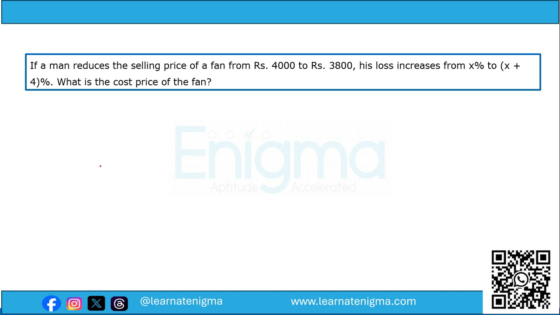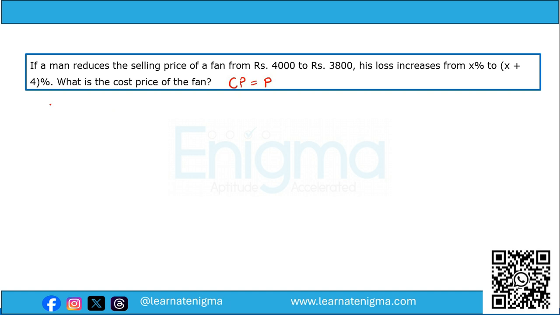Now, the formula for loss percentage is loss upon CP into 100. Now, let's assume the cost price to be P. Now, loss is nothing but cost price minus selling price.